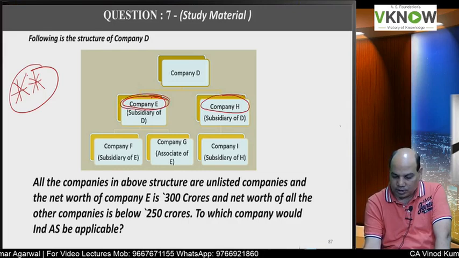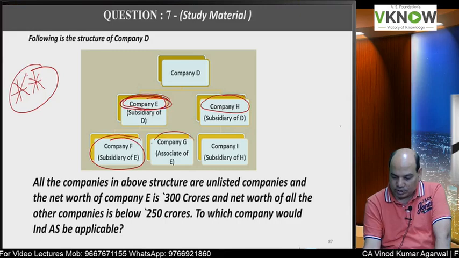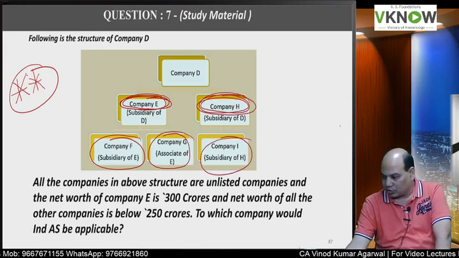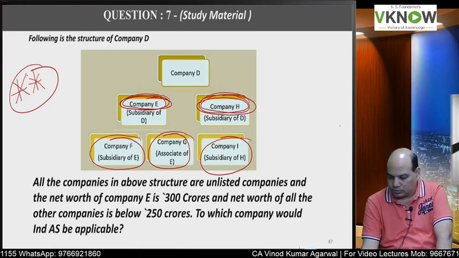Company E has a subsidiary F. Company E has an associate G. Company H has a subsidiary company I. Is it right? Are you following the group structure?